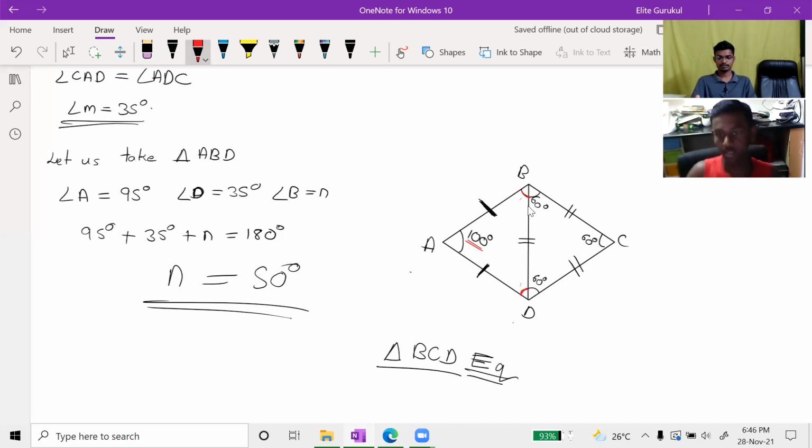So 40 degree, 40 degree. So this will be 40 degree, and this will be 40 degree.